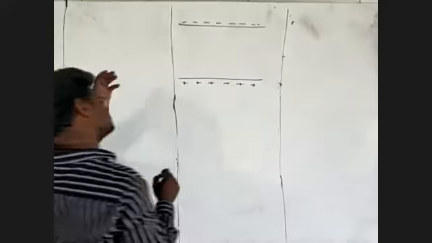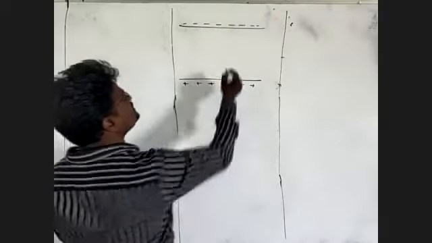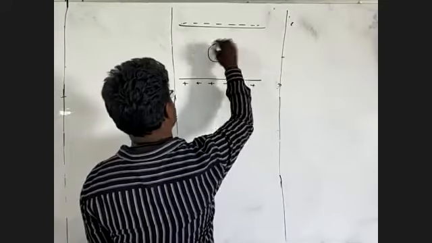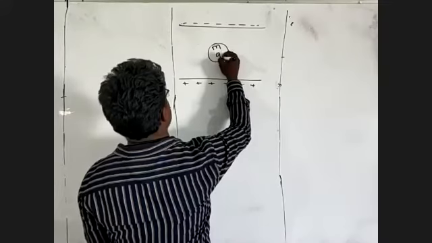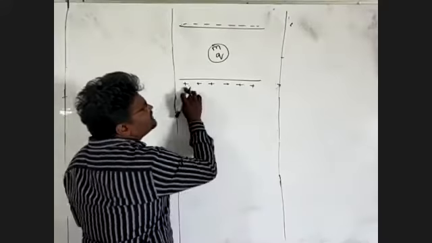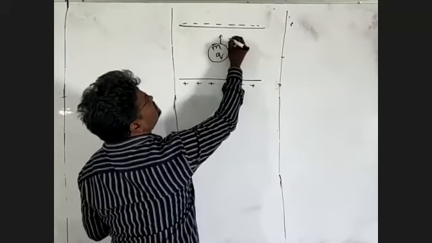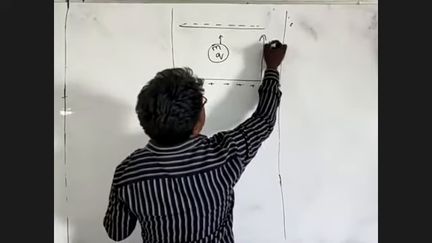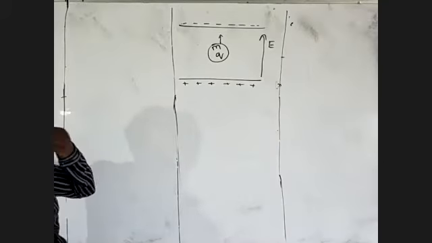This is a charged sphere. This sphere has mass m and a positive charge. This positive plate will repel positive charges in an upward direction. The direction of electric field is from positive to negative.